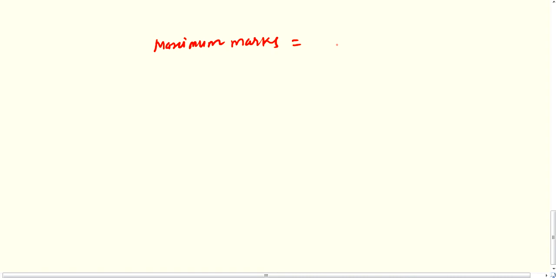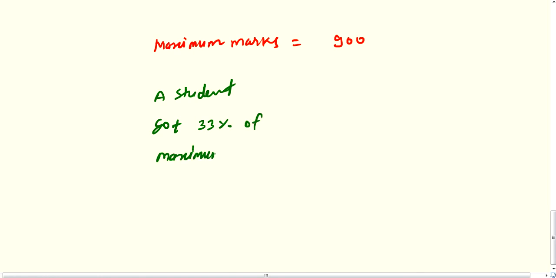Maximum marks equals 900. Then the student got 33% of maximum marks, and maximum marks are 900.